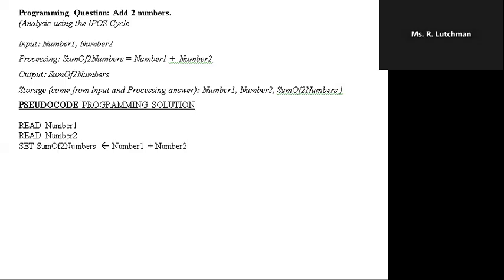Next one we have is our output. I have to be careful with these variable names, right? Following the rules and making sure that it's the same name used throughout. So all of my programming solutions, narrative, flowchart, IPO chart, and pseudocode should all have the same variable names.